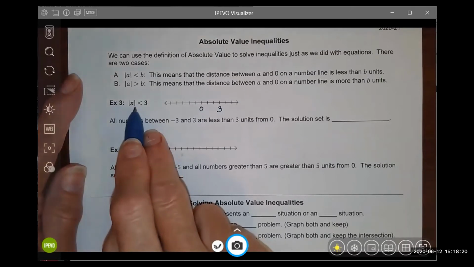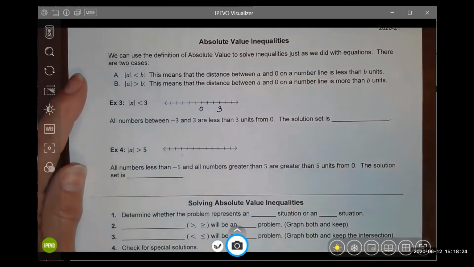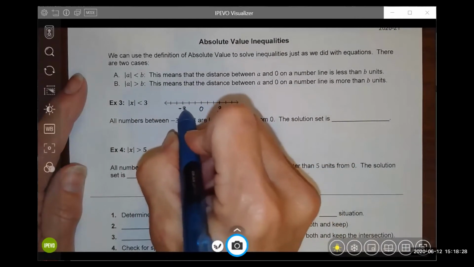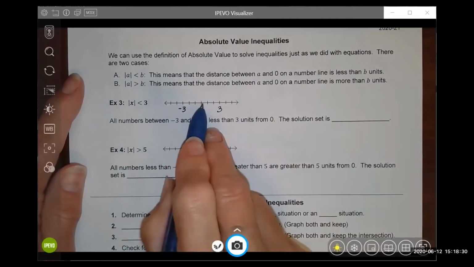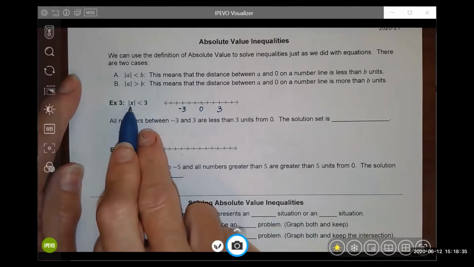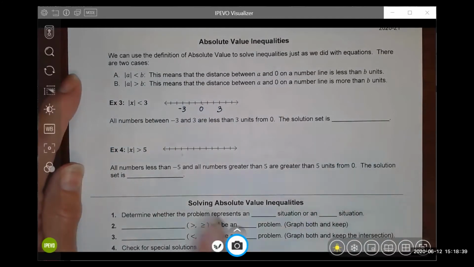But we also know that with absolute value, my number can also be between -3 and 0 because the distance between 0 and -3 is 3 units. So when I say the absolute value of x is less than 3, I'm talking about any number that lies between those two endpoints.